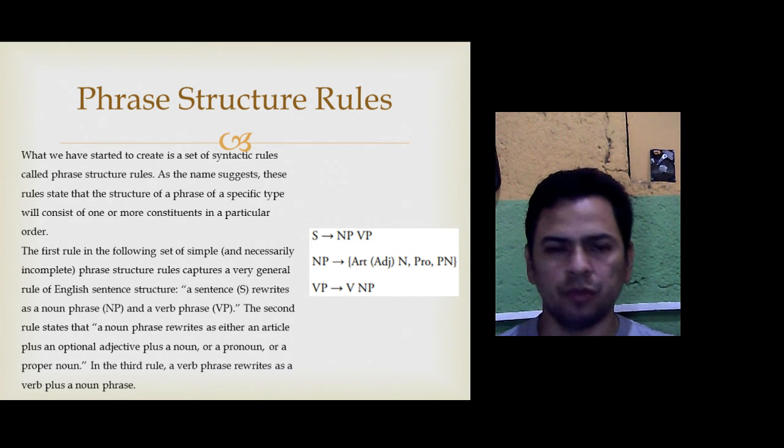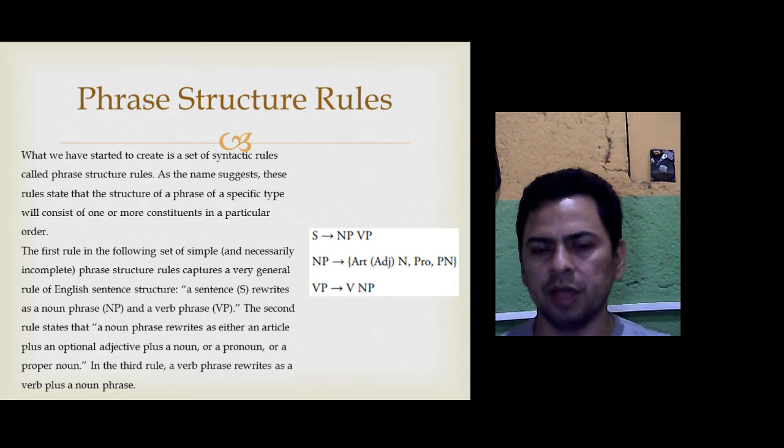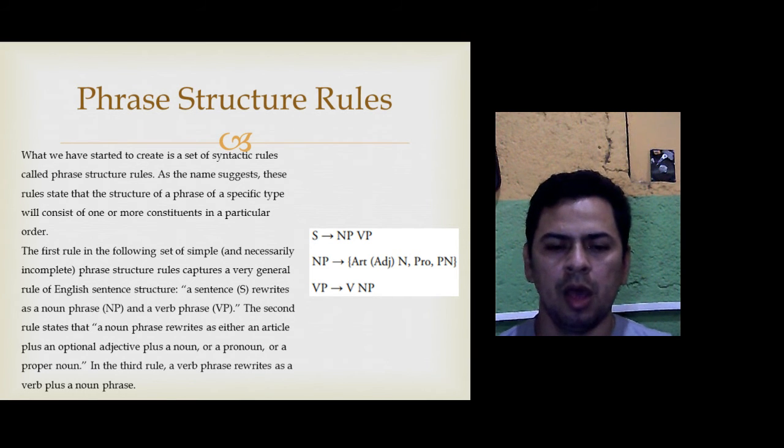A sentence has a noun phrase, NP, and a verb phrase, VP. The second rule states that a noun phrase has an article plus an optional adjective plus a noun, or a pronoun, or a proper noun. And the third rule, a verb phrase has a verb plus a noun phrase.